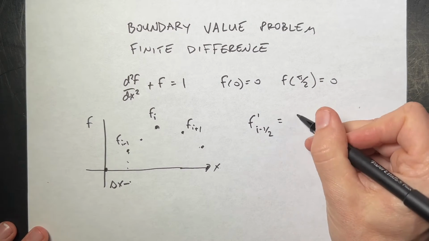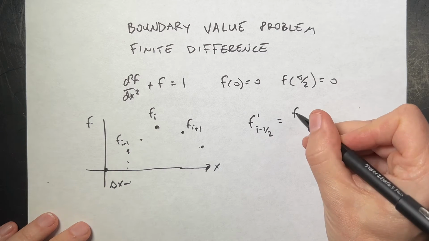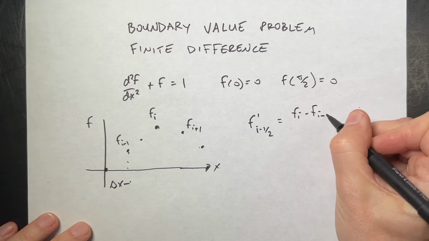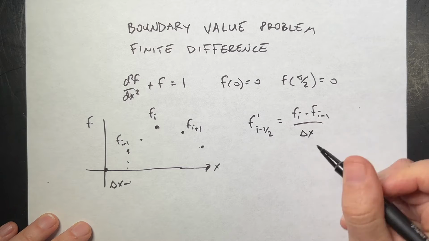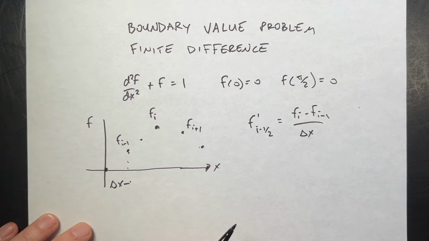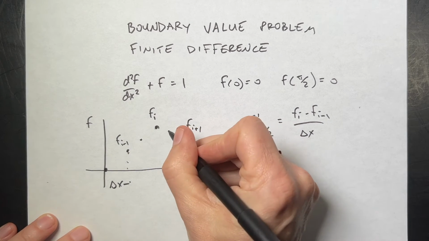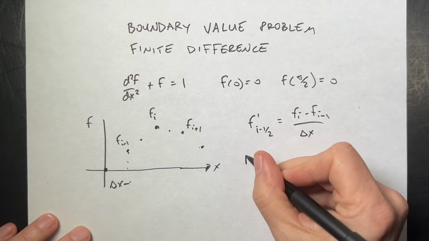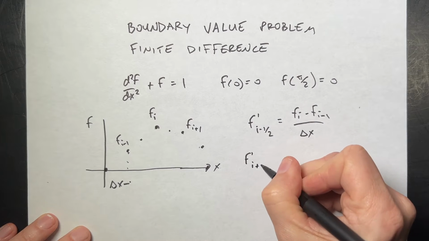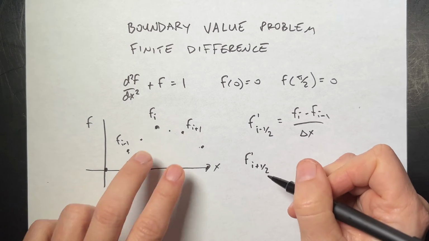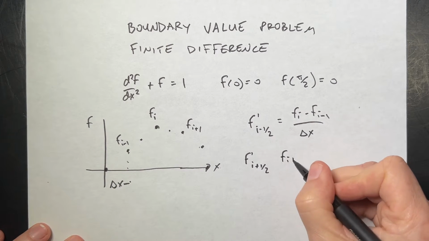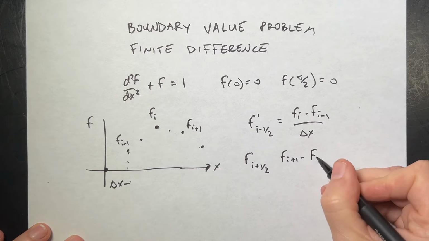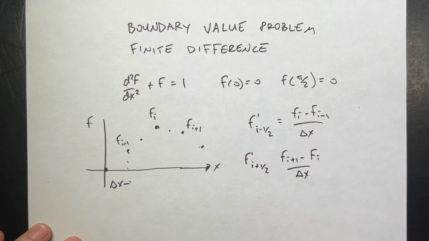So this is going to be equal to the final position, fi, minus the initial, fi minus 1, over delta x, because that's my change in x. Now I can find f prime of i plus 1/2. It's the slope between these two points, so that's fi plus 1 minus fi over delta x.